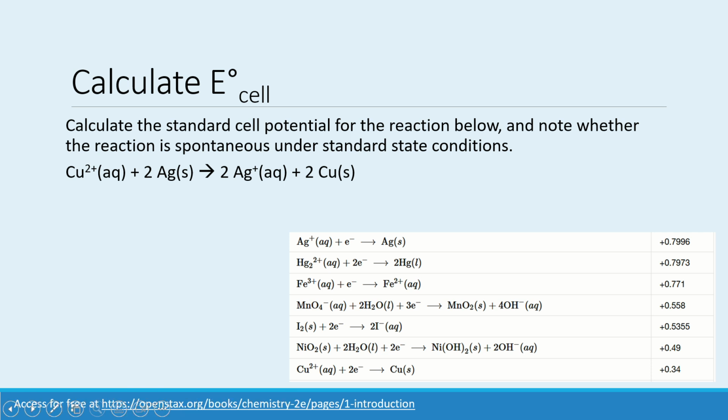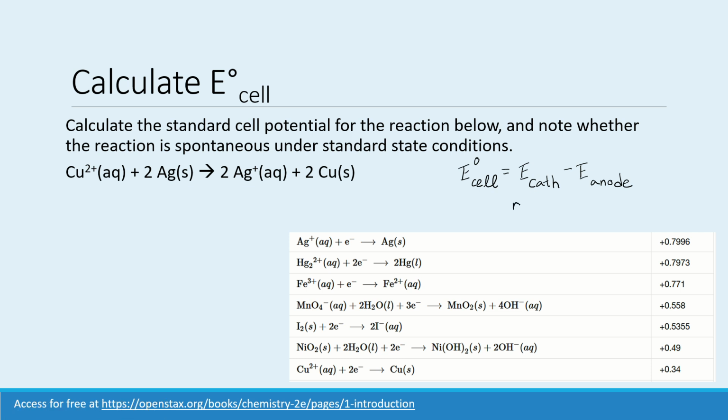Okay, now let's calculate the standard cell potential for a reaction. Now, in order to do this, again, we have got to decide what is your cathode and what is your anode, because the equation for your standard cell potential, remember, is the potential of your cathode minus the potential of your anode.